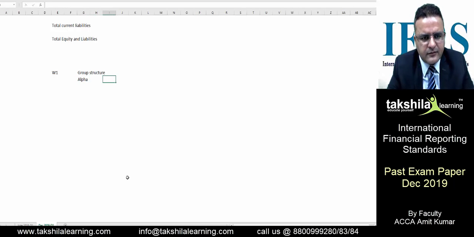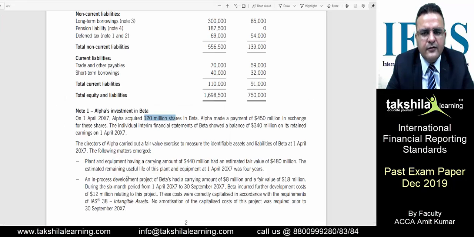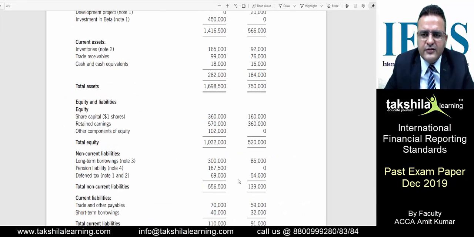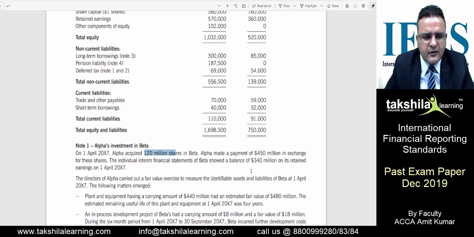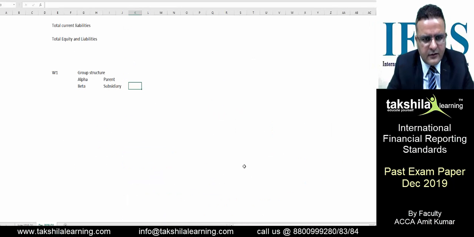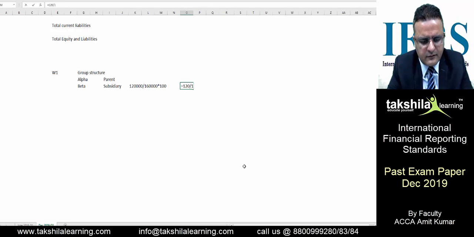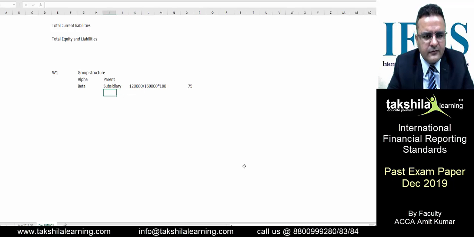Alpha is the parent, beta is subsidiary, acquired 120 million shares out of 160 on 1st April 2007. 120,000 out of 160,000 into 100 gives us 75%. NCI is 25%.